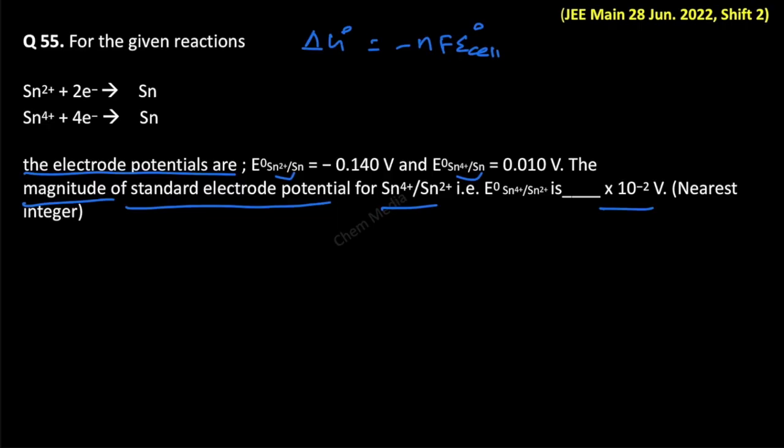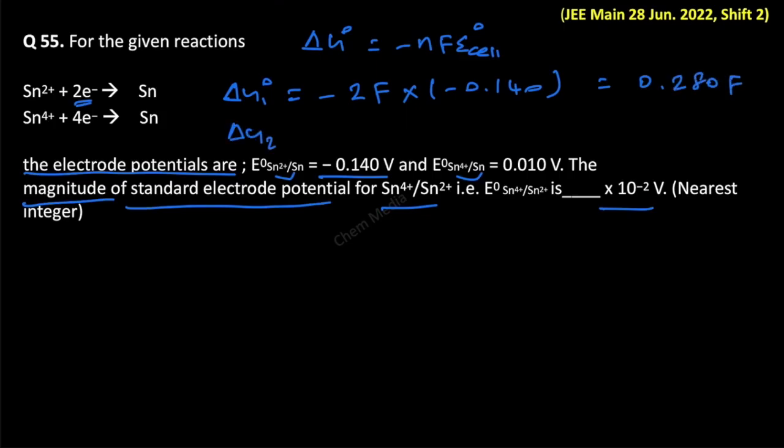Based on the equations given, we are going to write 2 equations. One is delta G1 standard is equal to minus 2, because 2 electrons are involved, times Faraday constant times E cell standard value, which is given as minus 0.140 volt. So minus 0.140, and that would be equal to 0.280 Faraday.